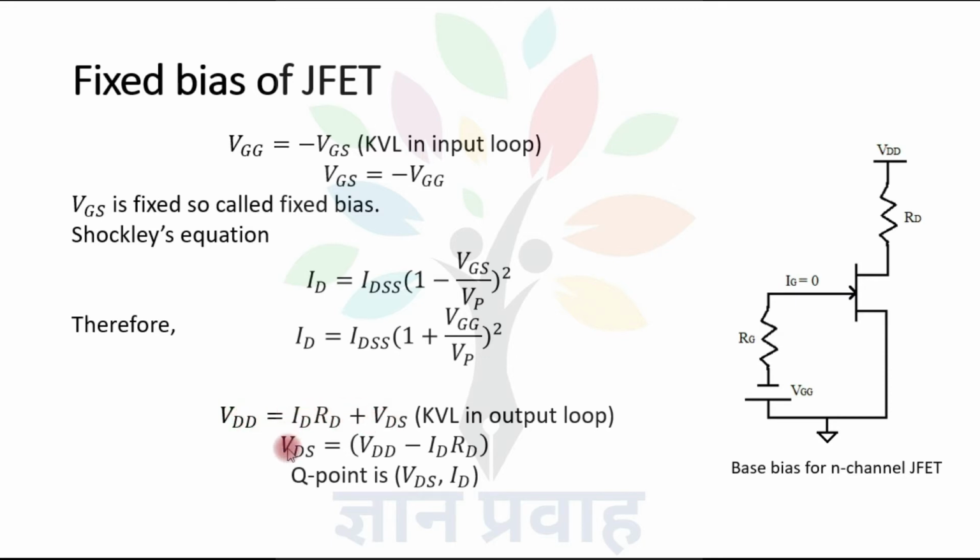And from this equation, VDS equals VDD minus ID RD. So ID we have already calculated from the previous equation. So by simply putting the ID value in this expression, we can calculate VDS. So the Q point is VDS and ID. That is the basic concept of fixed bias for FET.